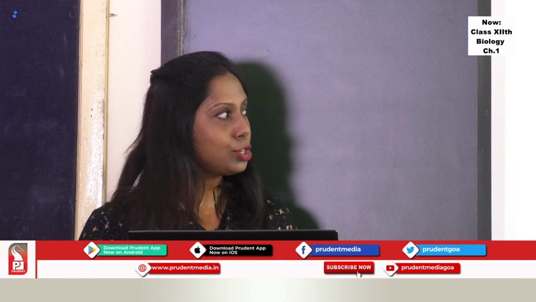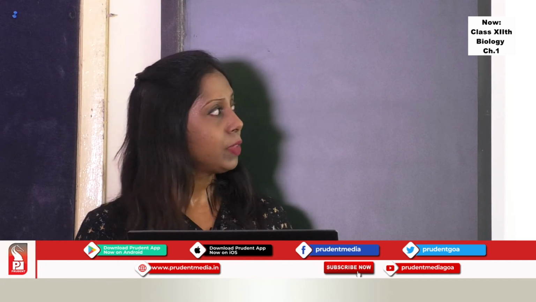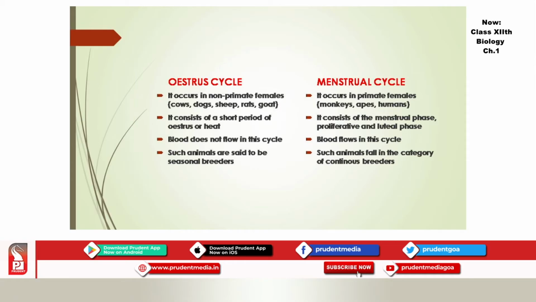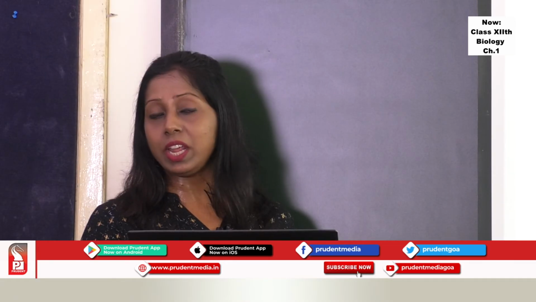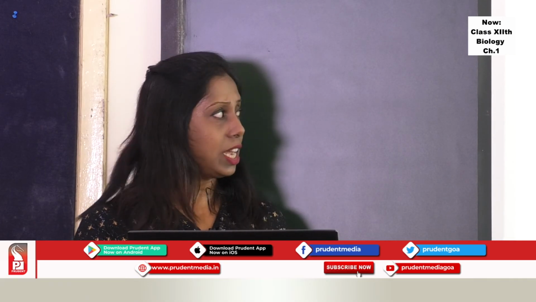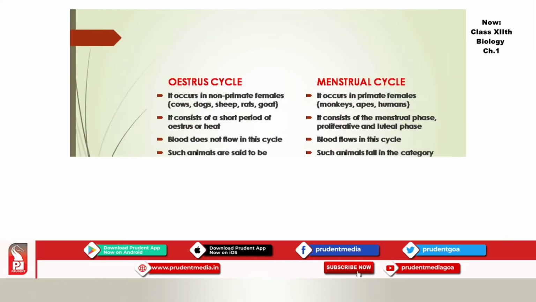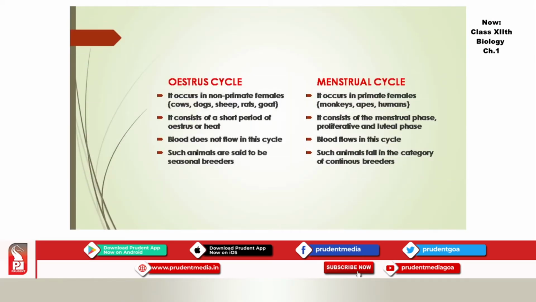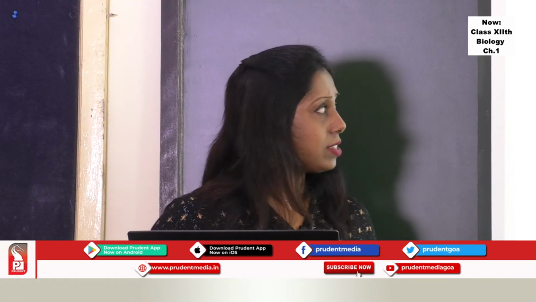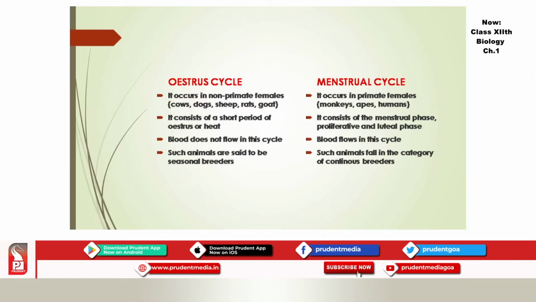Whereas in the estrous cycle, in non-primate females, you don't have these subcategories. It is a short period of estrus or heat, wherein the female is very sexually active to bring about the release of gametes and fertilization. In the menstrual cycle, there is blood flow. The endometrial lining gets sloughed out. Whereas in the estrous cycle, there is no blood flow.